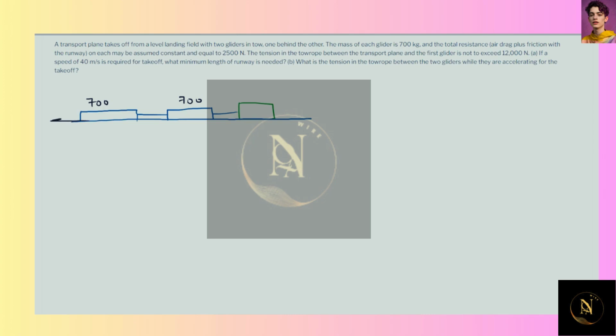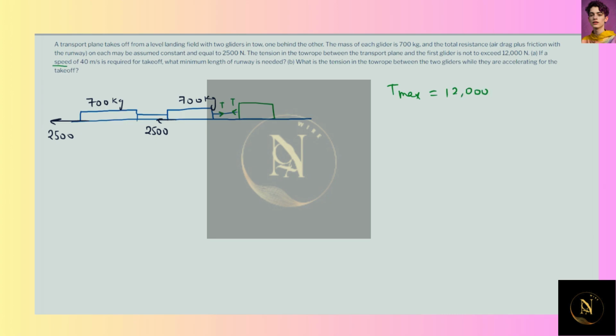So this is getting pulled back by 2500 newtons, and this is also getting pulled back by 2500 newtons. All right. The maximum tension between the transport plane and the first glider is not to exceed 12,000 newtons, which means T max is 12,000.